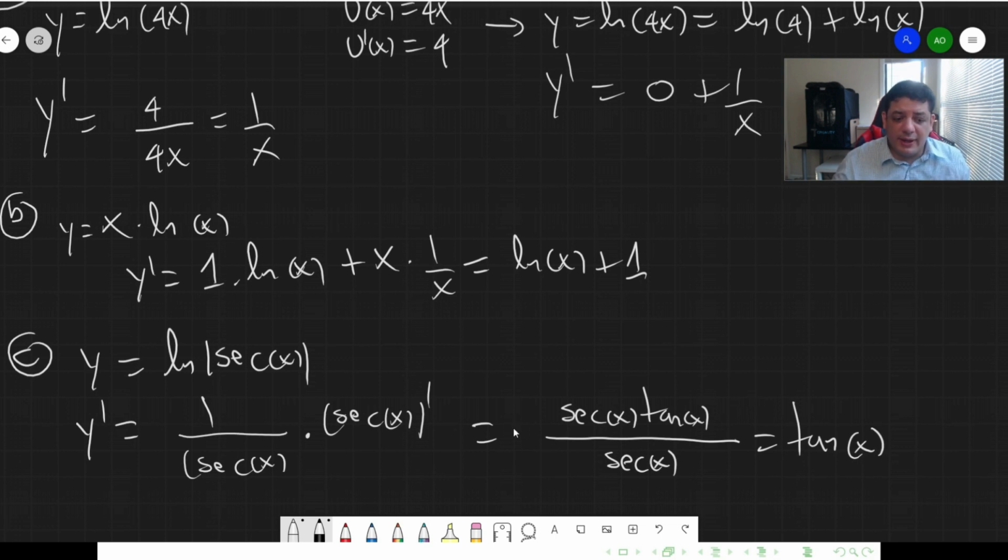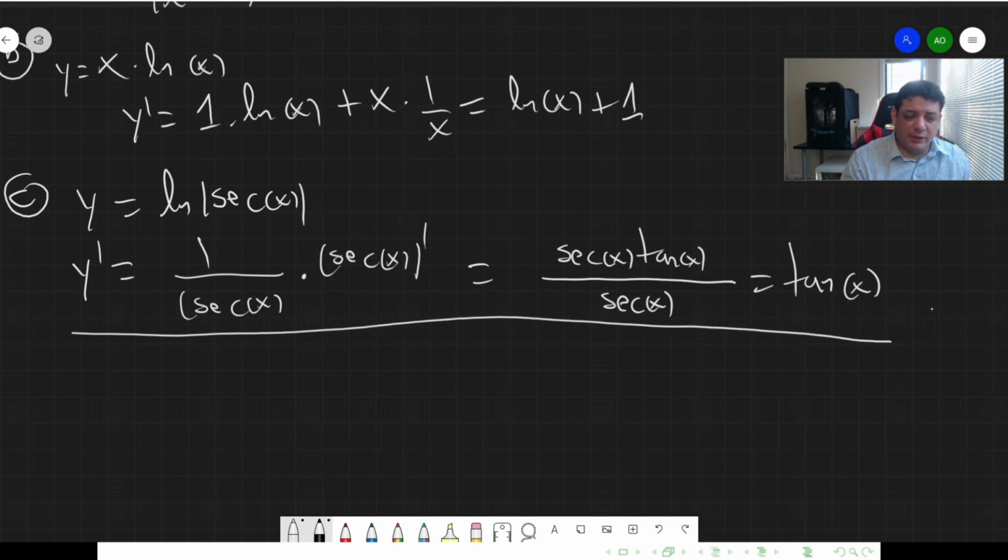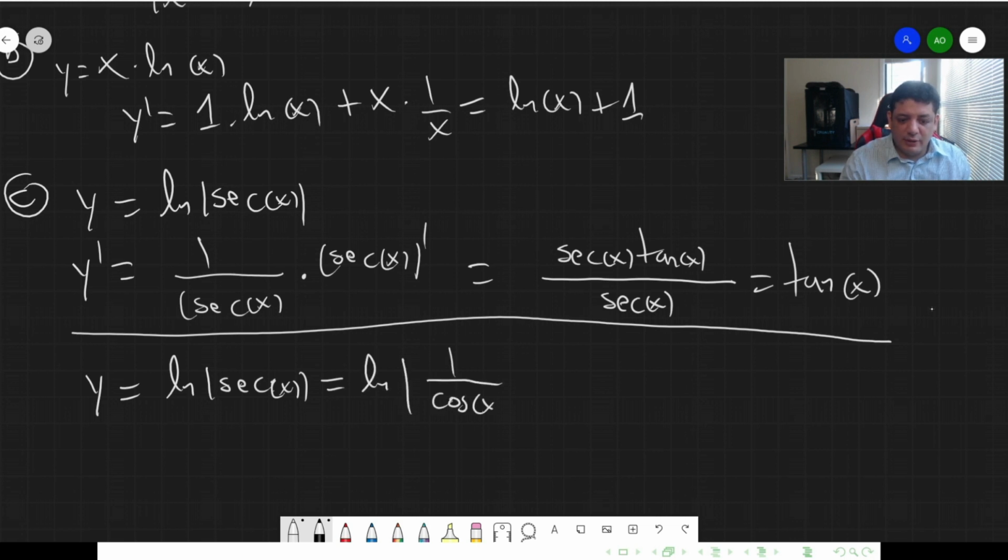Now notice that there is more than one way to arrive at this conclusion. If you play with the trigonometrics and the properties of the log, you can do this by a very different route. We can write log of secant of x as log of 1 over cosine of x, which is what secant is, right? Now, using properties of the quotient, this is log of 1 minus log of cosine of x.